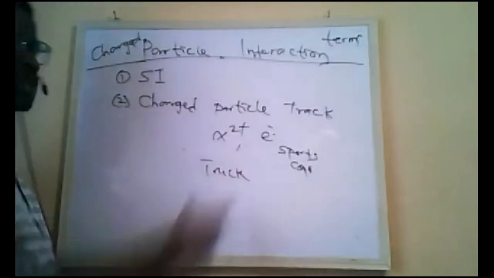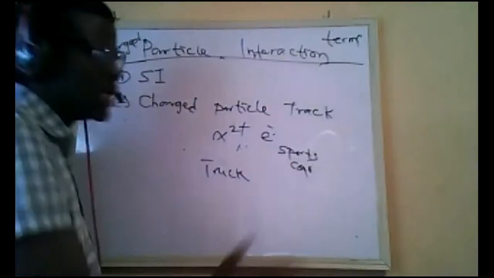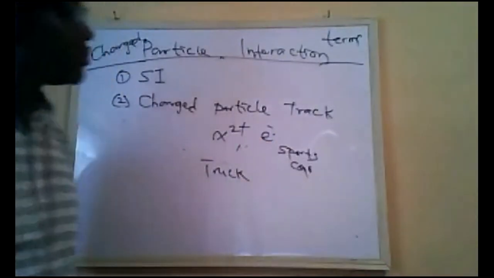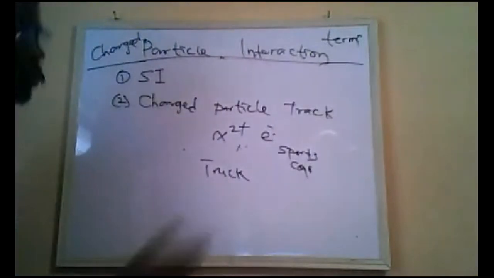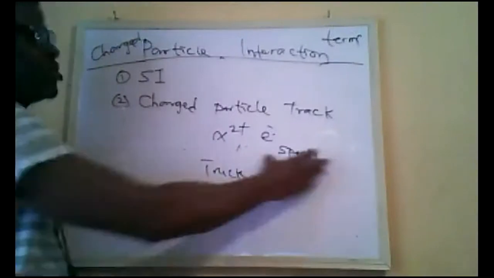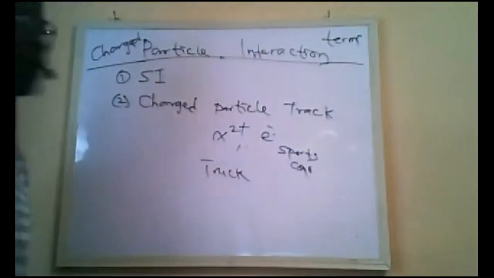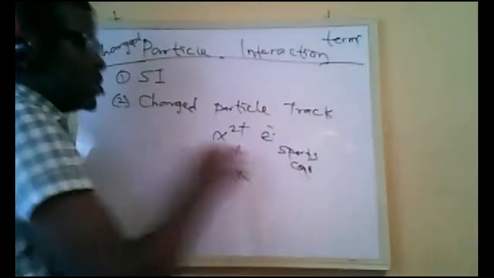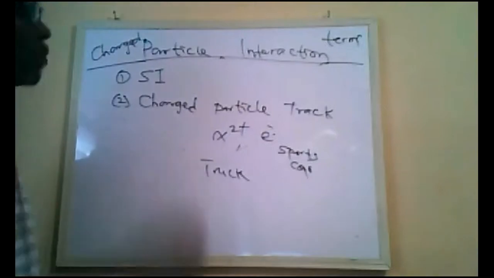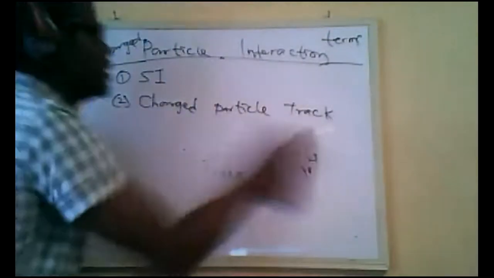The truck might almost stay where it is without any movement, whereas the sports car, depending on whether it is a head-on or side collision, will just move up. If it is an elastic collision, it will just bounce off immediately. That also can help us explain this charged particle track.